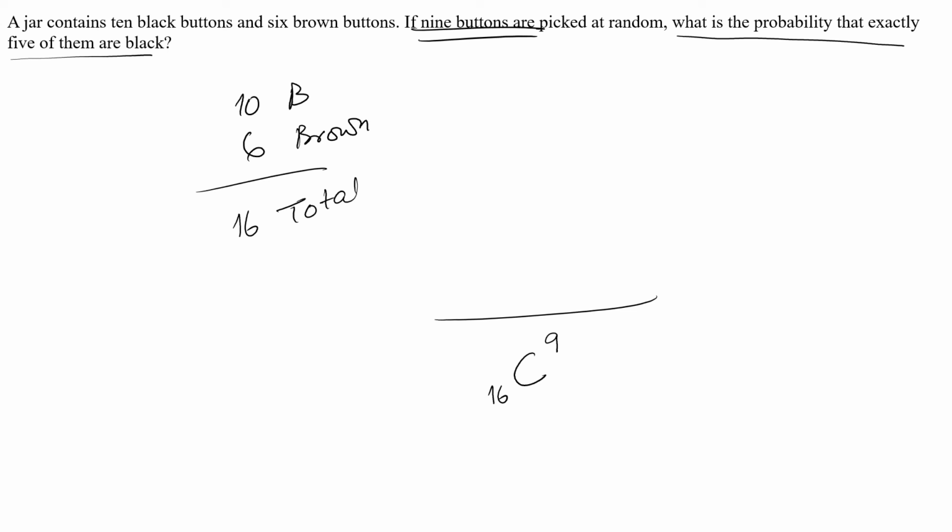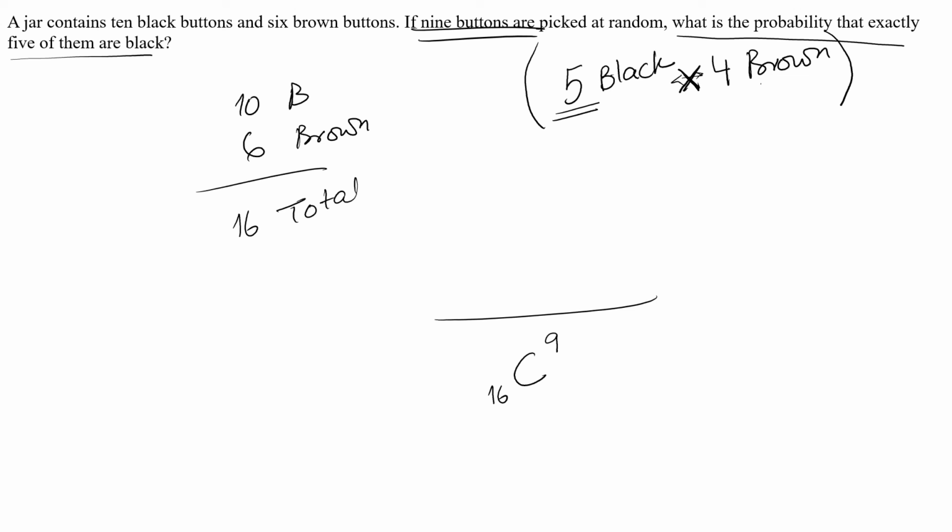What is meant by exactly 5 of them are black? It means if 5 are black, you have to choose 9 actually, so 4 must be brown, right? So if exactly 5 are black, then 4 are brown. So when you choose the black and brown, it becomes 9 and the action gets completed.